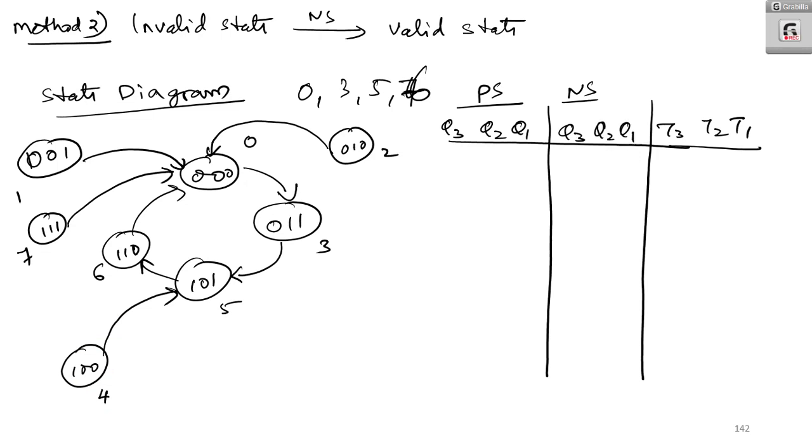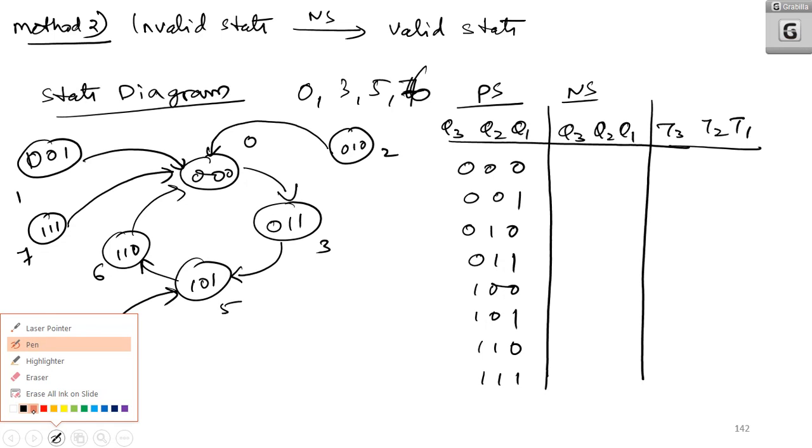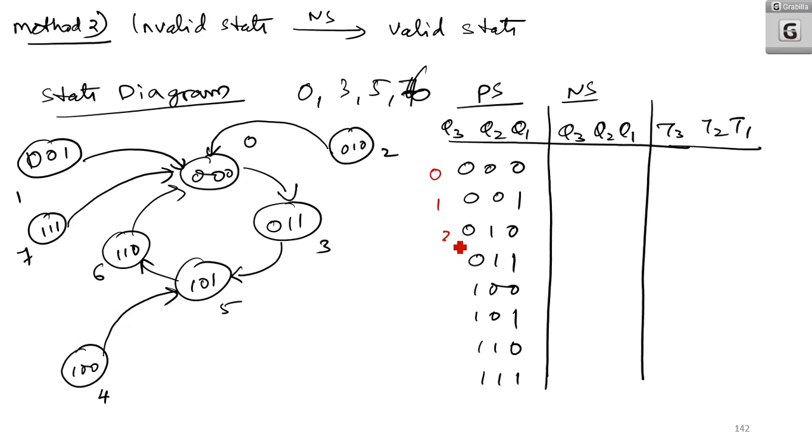So you can write from 0 to 7 directly: 0, 1, 2, 3, 4, 5, 6, and 7. That is the present state.